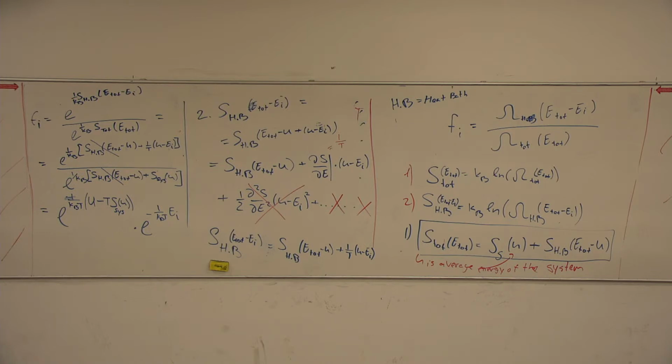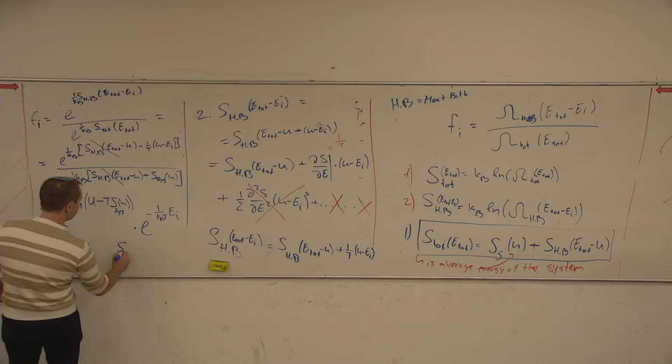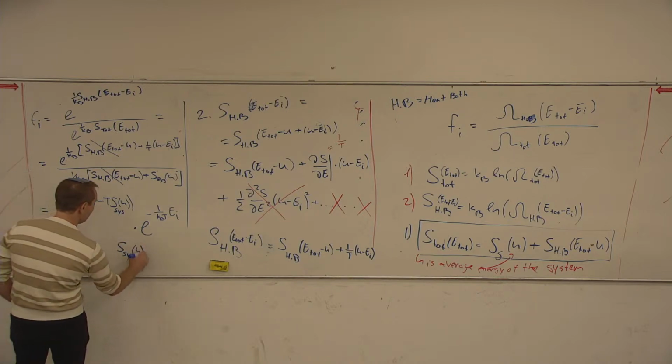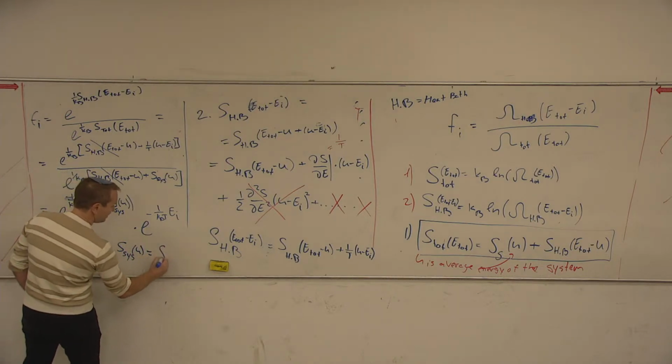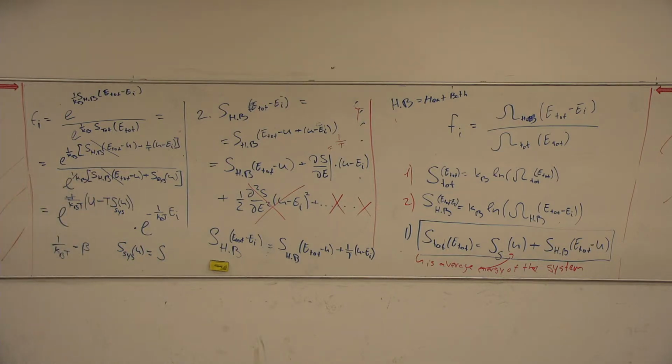Now this looks nice, and I'm going to say that 1 over k_B T is beta. And S_system of U is simply the entropy S of my system.